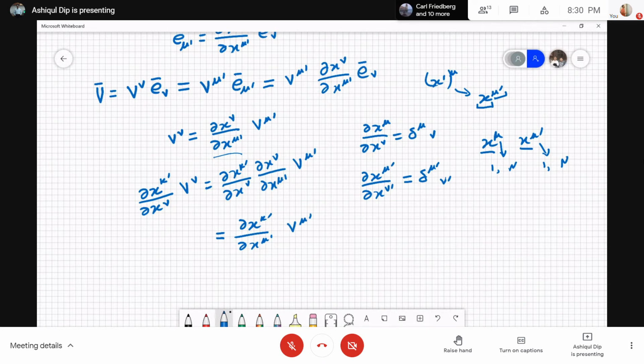The notation of putting the primes on the indices means you now understand that the sum over mu is running here and here. But if you put your prime on x, you'll have a little bit of difficulty understanding these two parts. Obviously then you will have V prime as well, not V mu prime.